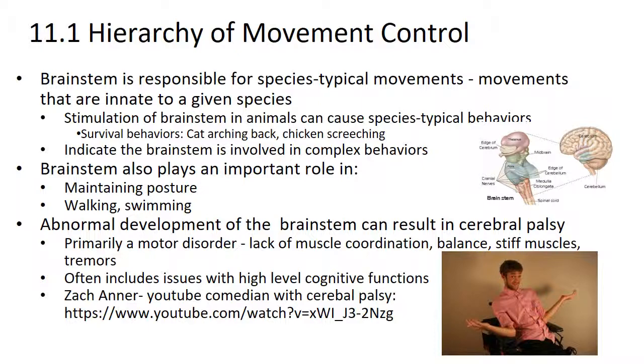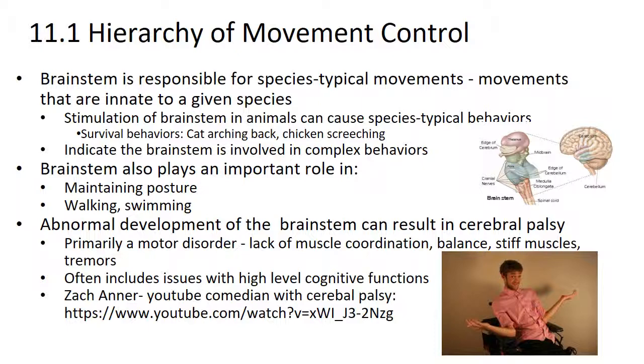Abnormal development of the brainstem can result in cerebral palsy, which is a motor disorder characterized by a lack of motor coordination, poor balance, stiff muscles, tremors. People are often in a wheelchair. There are often also issues with the coordination of some higher level cognitive functions associated with cerebral palsy, although there are plenty of people with cerebral palsy with normal intelligence or above average intelligence.